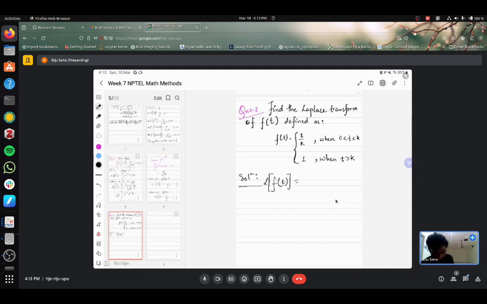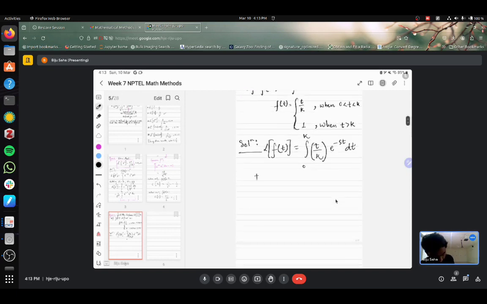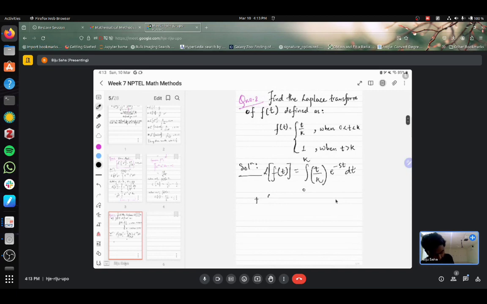So the Laplace transformation of this particular function will be, from 0 to k limit, this function definition, and then for t greater than k, that is from k to infinity, its definition is just 1.